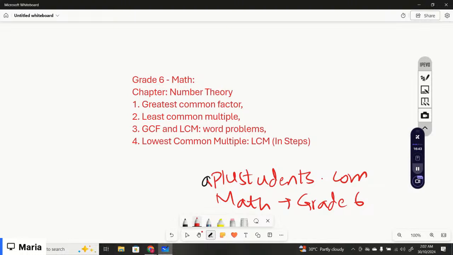We're going to start with chapter number 3, and the lessons we're going to cover today are greatest common factor, least common multiple, GCF and LCM word problems, and lowest common multiple LCM.